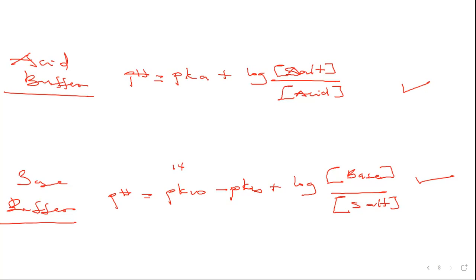We said a solution containing 0.1 moles of ephedrine, with pKb of 4.64, and 0.1 mole of ephedrine hydrochloride per liter of solution, so we are supposed to find the pH of this. Now, take note of this, per liter of solution. It means all of these moles are in 1 liter.